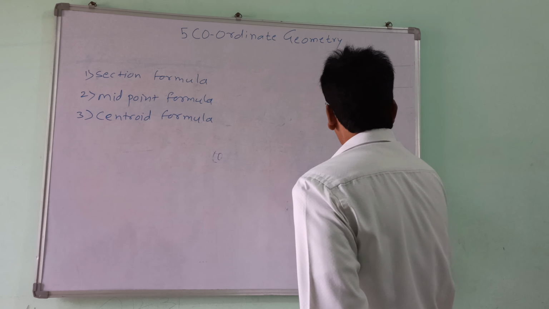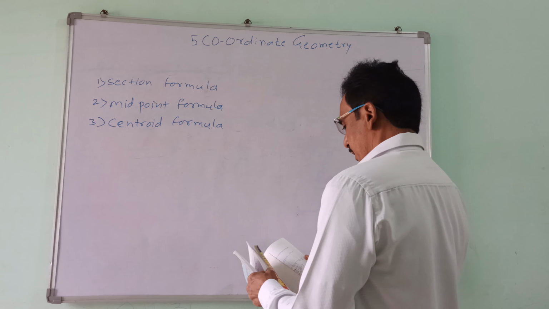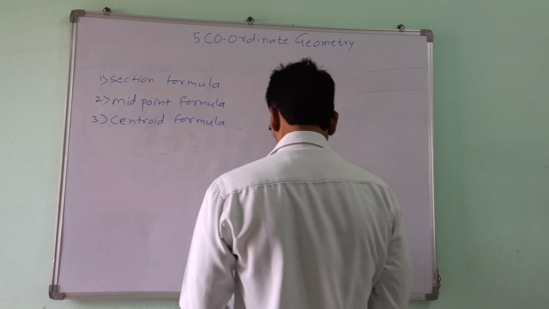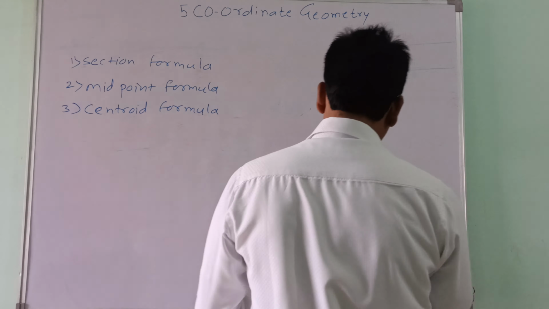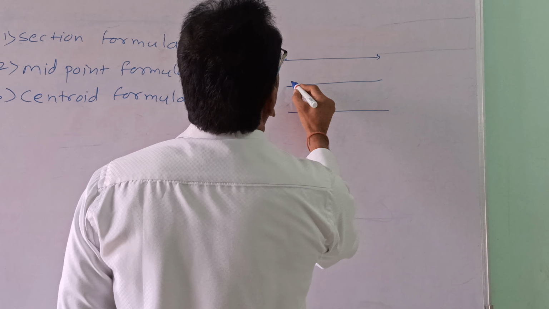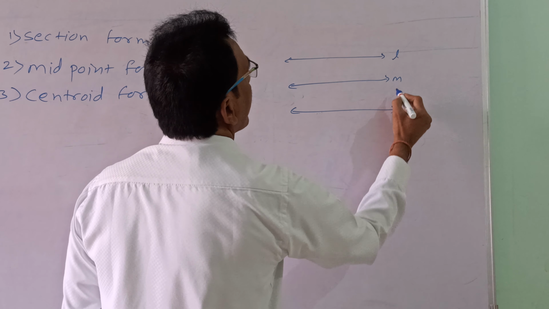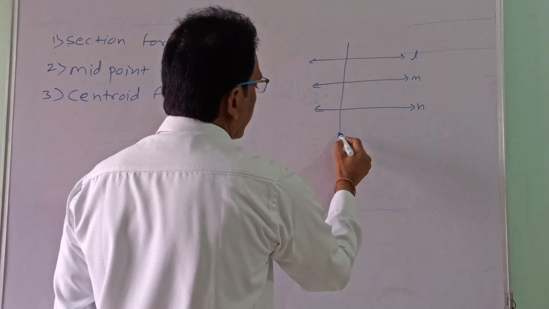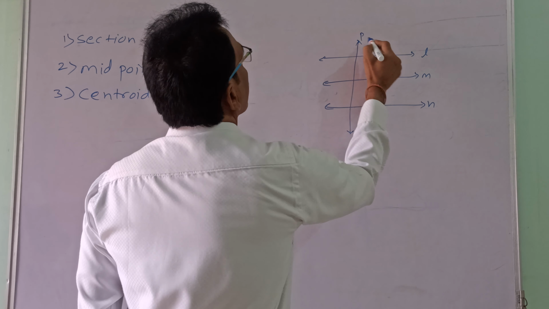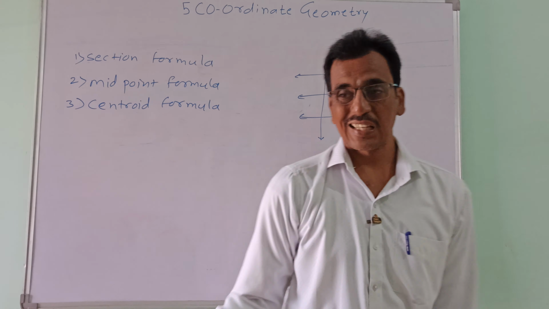We know this. Now you also know this. Suppose these are 3 lines, parallel lines. Line L, line M and line N. These are 3 parallel lines. And line P and line Q are the transversals.